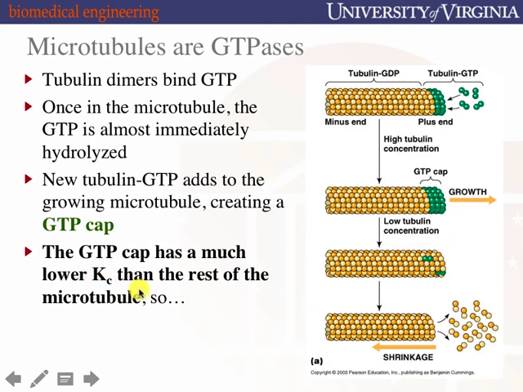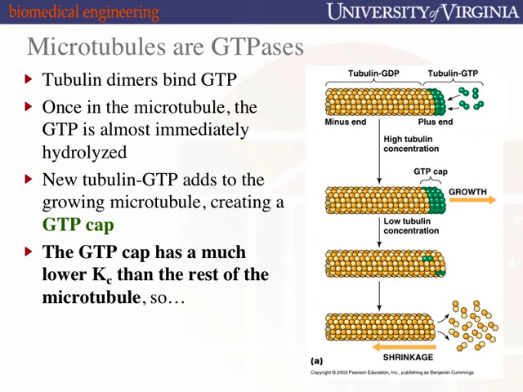The GTP cap, this is the critical part, has a much lower critical concentration than the rest of the microtubule. So we just talked about how I can jack around the concentration of monomer. What GTP tubulin is doing is lowering the critical concentration, right? So now at lower concentration of monomer, we have polymer addition.